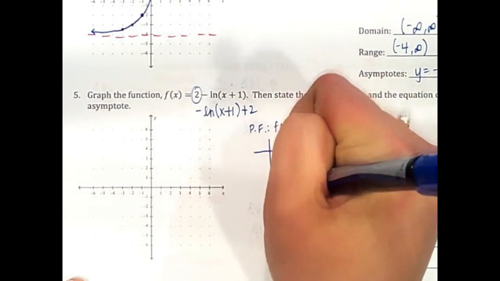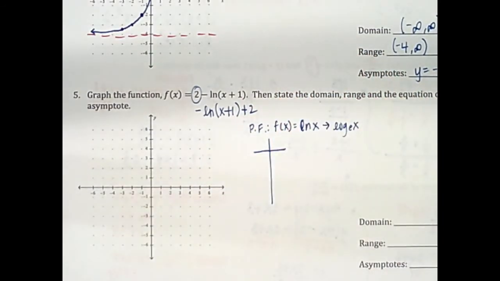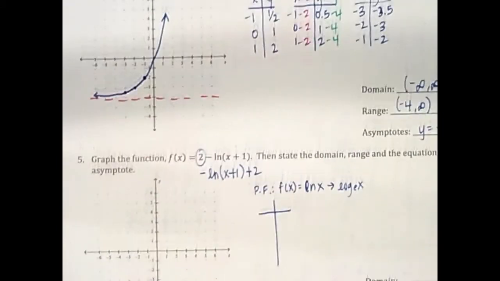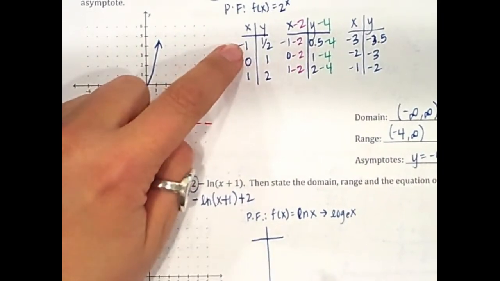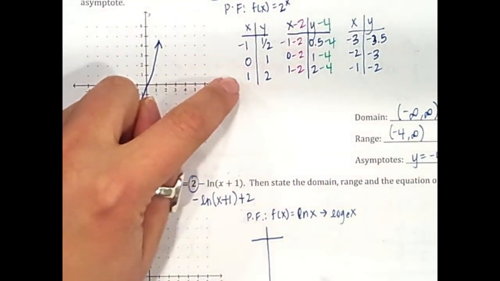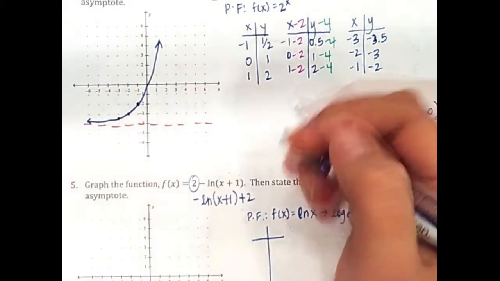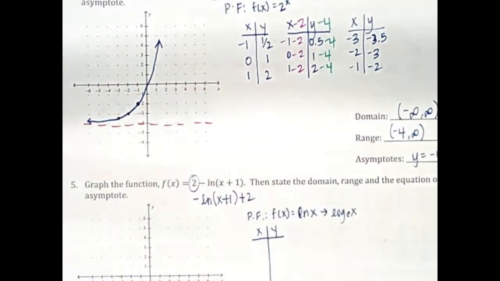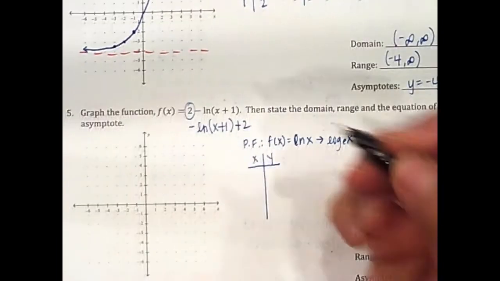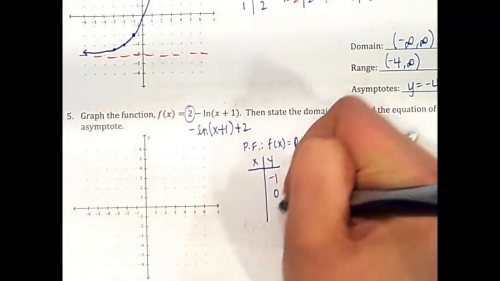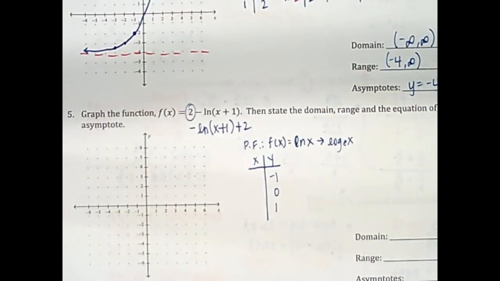Now, remember, ln, or any logarithmic function, is the inverse of an exponential. So that's why when we look at our table of an exponential, our x values are -1, 0, and 1. And on our logarithmic, our y values are going to be -1, 0, and 1. Because it's the inverse, we swap our x and our y values.